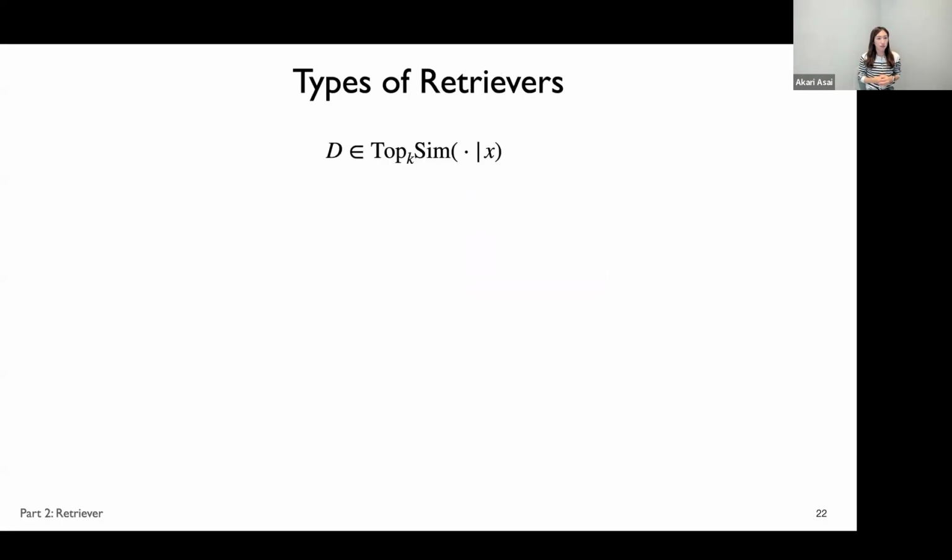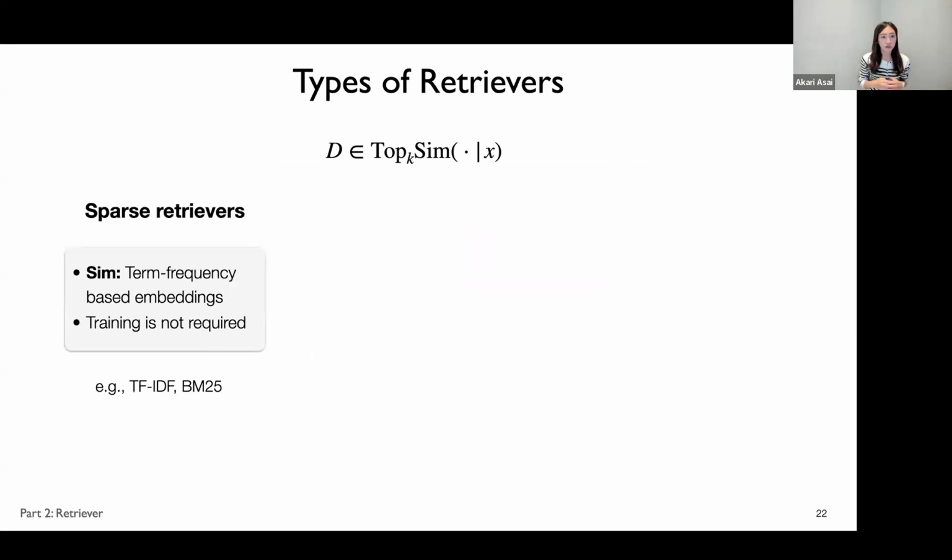The goal of retrieval systems is to identify the most related set of documents to the query. We typically compute the similarity between the query and all of the documents in the data store. There are many different types of retrieval systems depending on how they compute the similarity. In the information retrieval community, sparse retrieval systems have been widely used for decades.